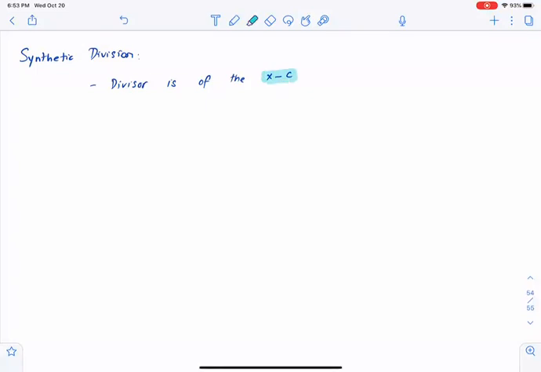So the divisor has to be of the form x minus some number. Otherwise, we cannot use synthetic division.